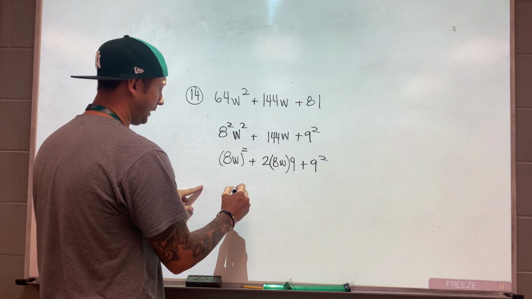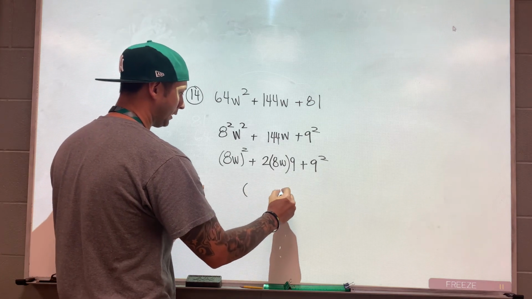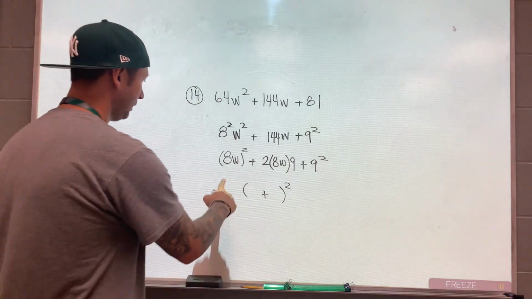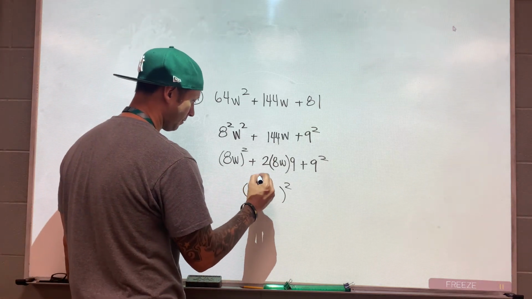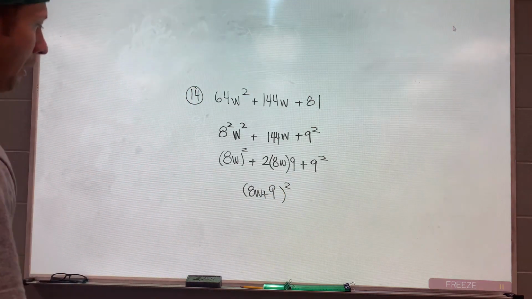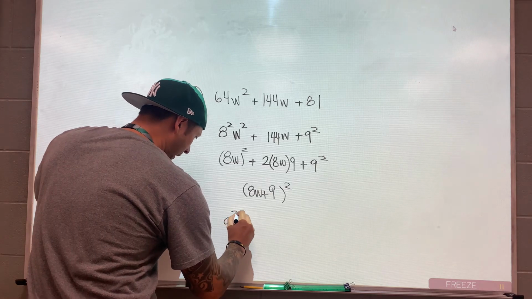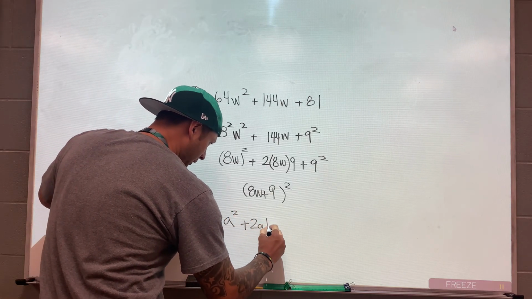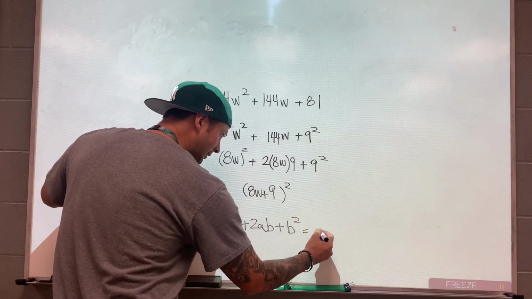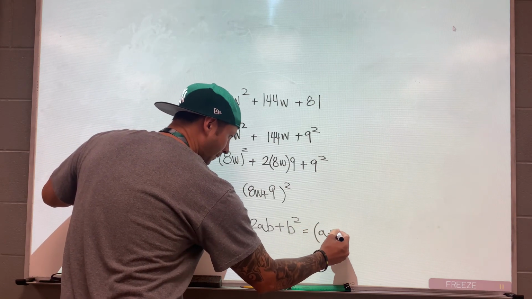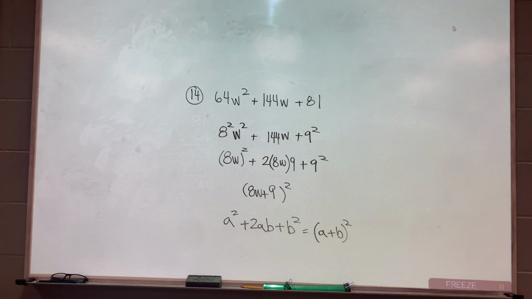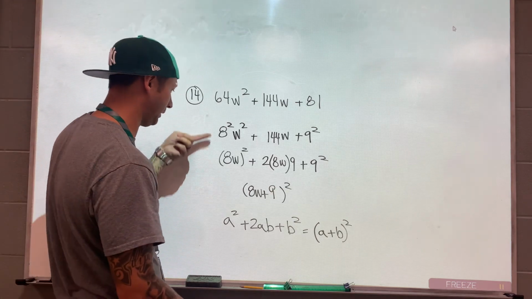So then I can say it's going to be a plus b squared. So a and then b. Because the property says a squared plus 2ab plus b squared. If that's the case, and in fact this is the case, it's exactly what this fits.